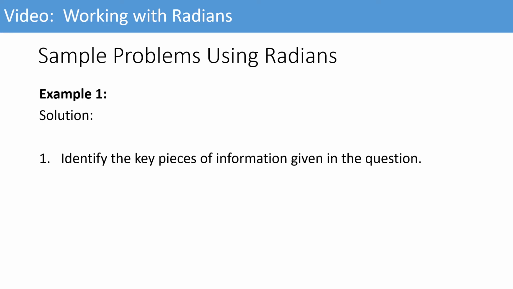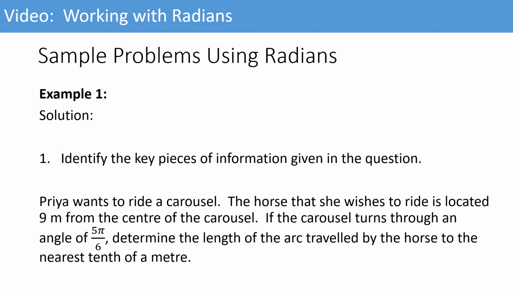First of all, we will carefully read the question, identifying key pieces of information given that we will need for our calculation. Priya wants to ride a carousel. Nothing there. The horse that she wishes to ride is located 9 meters from the center of the carousel. Clue.